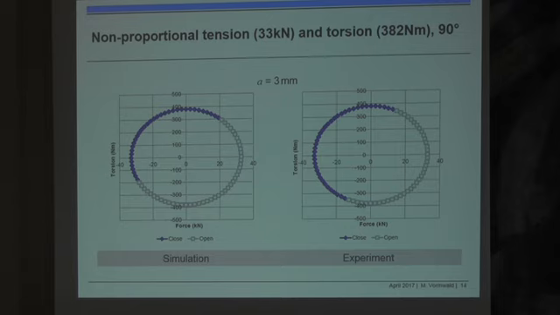Closure also is defined if any node in the crack flank gets into contact, we say it's closed. And then the same in the experiment here: if Hosch or Jose finds any closure when evaluating these digital image correlation figures, then they say it is closed.